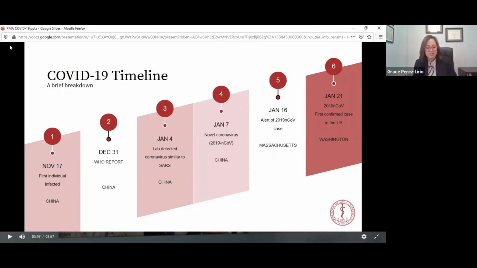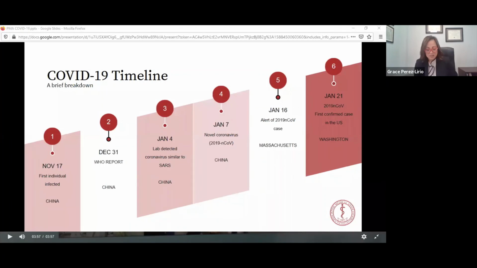In December, the Chinese government started to track these cases, over a month later, and by December 31st, China reported this to the World Health Organization. On January 4, a laboratory in Wuhan detected coronavirus, which they identified as similar but not the same as SARS in 2003. On January 7, the pathogen was named as novel coronavirus or 2019-nCoV, and this was in China.